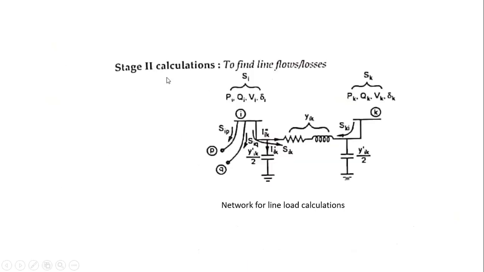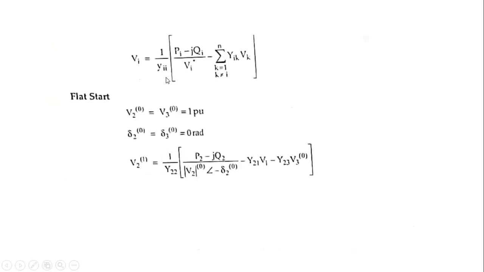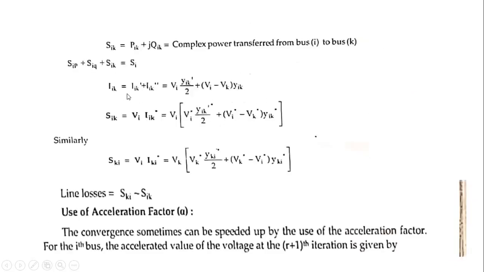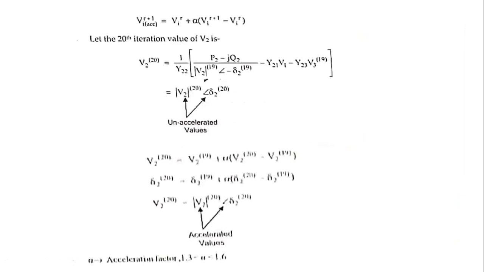Next, the 20th iteration. We derive the first iteration, that is V2 of 1, next V3 of 1, and so on up to V2 of 20. Okay, this is the 20th iteration, V2 of 20. In that, we are substituting the delta.